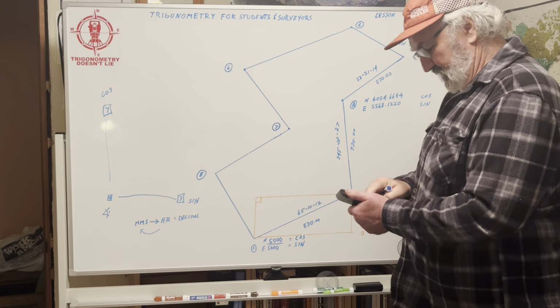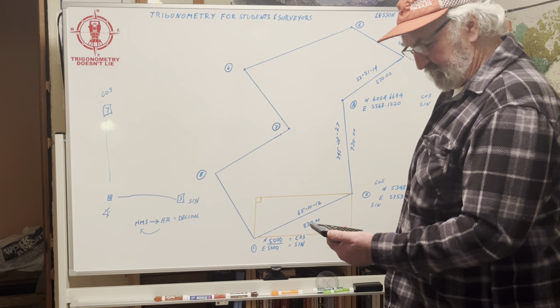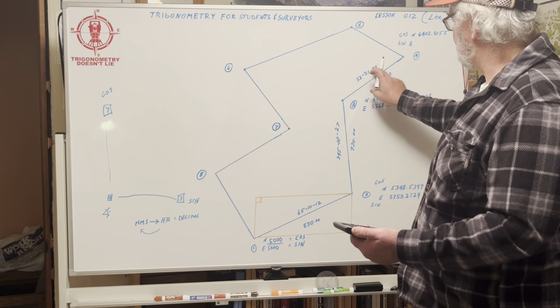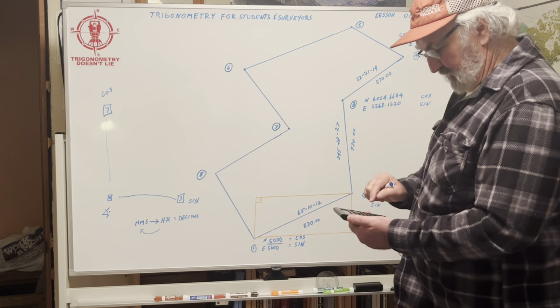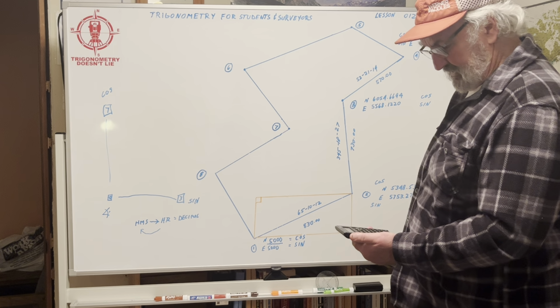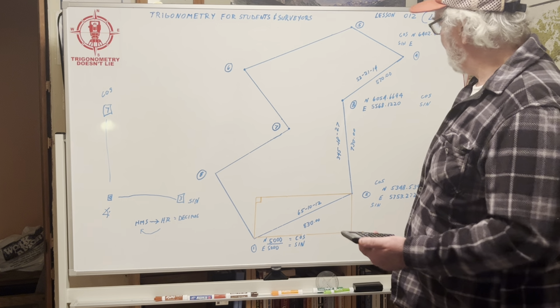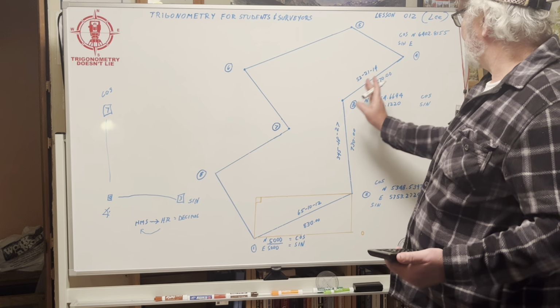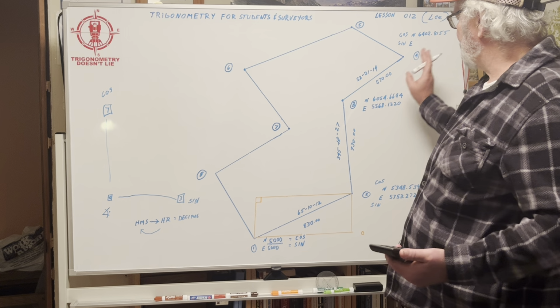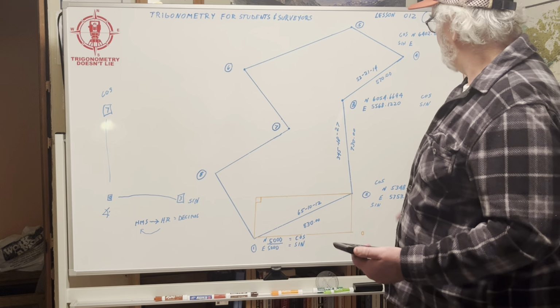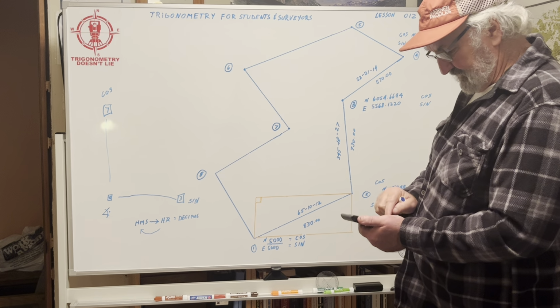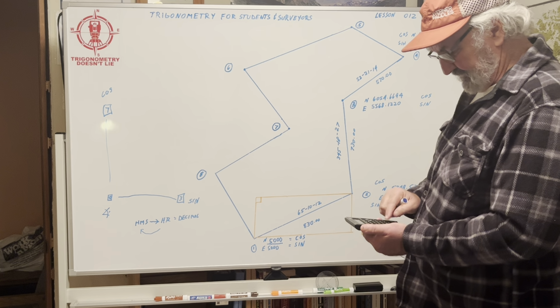Okay, recall that angle or that bearing again, 52, 35, 39. That's the decimal version. You want to hit sine, and that's 0.7918. So you can see that it's a positive number because it's going off to the east. That's positive direction. And now we want 570 times.